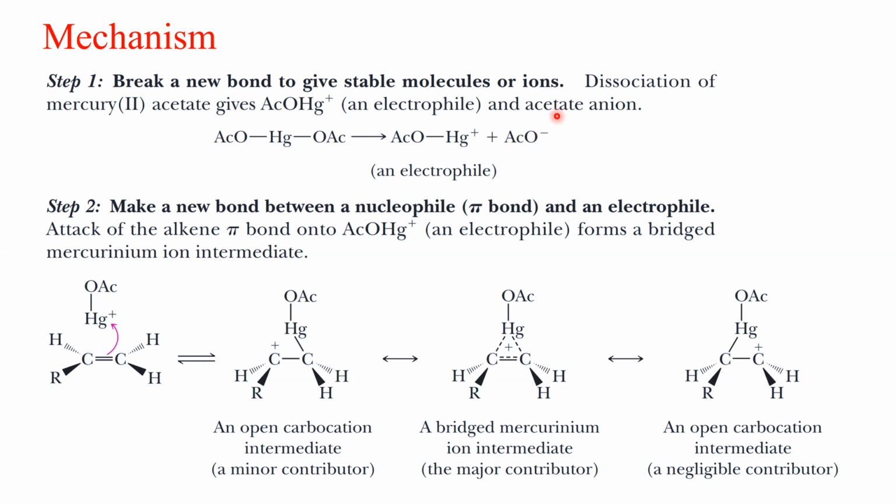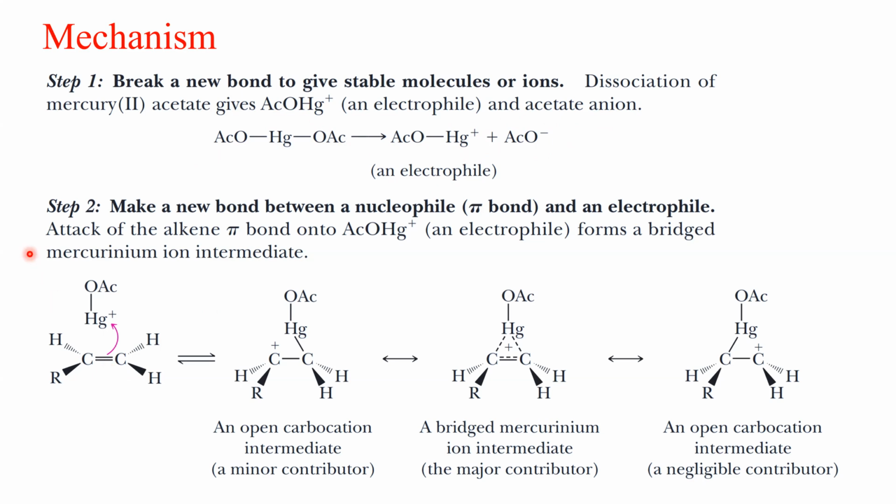This mercuric acetate with the positive sign is basically the electrophile. We have discussed that the electrophile is looking for electrons to make a bond, and the nucleophile we have in our system is the alkene, which is our starting material, our object to convert from one functional group class to another product.